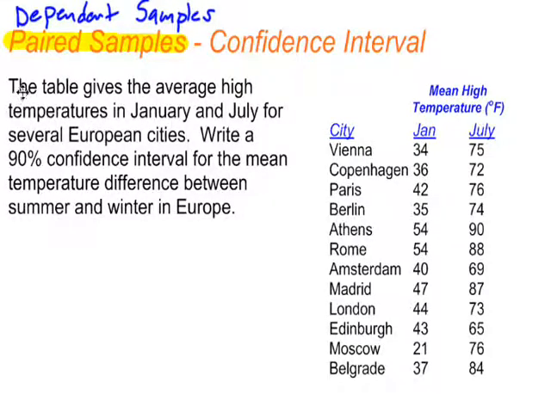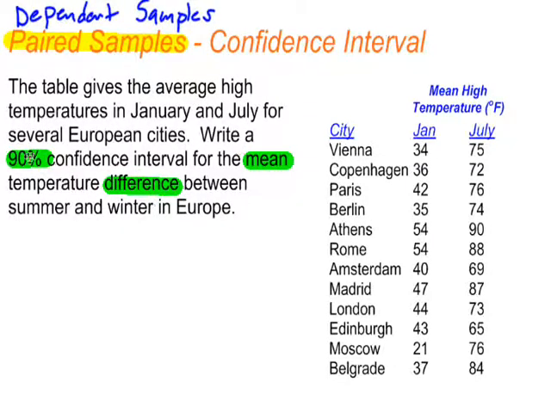Here's my example. The table gives the average high temperatures in January and July for several European cities. Write a 90% confidence interval for the mean temperature difference between summer and winter in Europe. So these three key words.